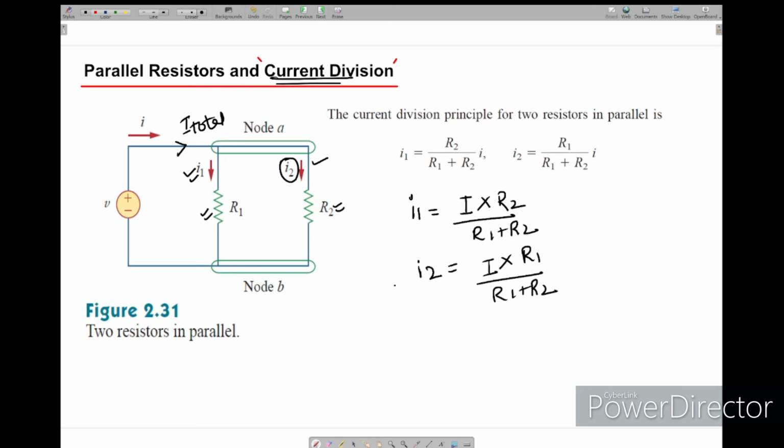It's quite opposite to the voltage division. This I is dividing between R1 and R2. In this path we can find I1 by this, and in this path we can find current I2 using these formulas. I will take one example here to make it clear.